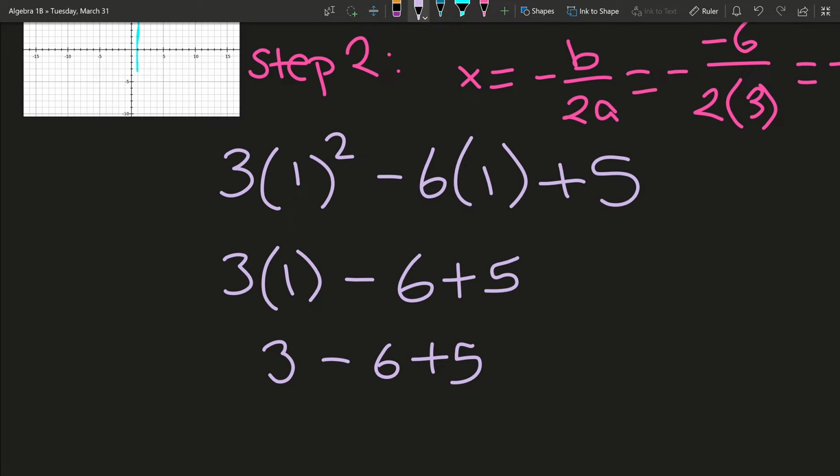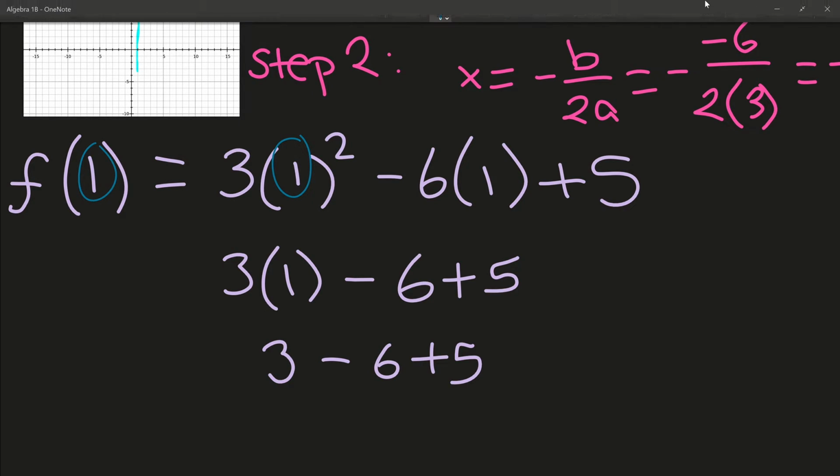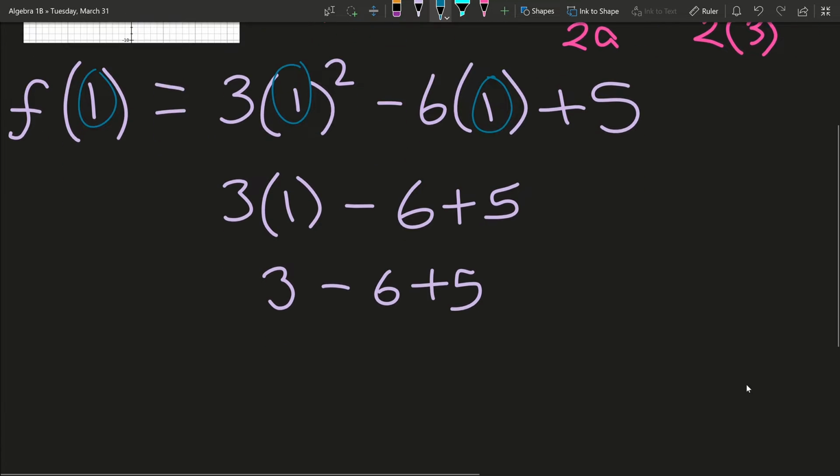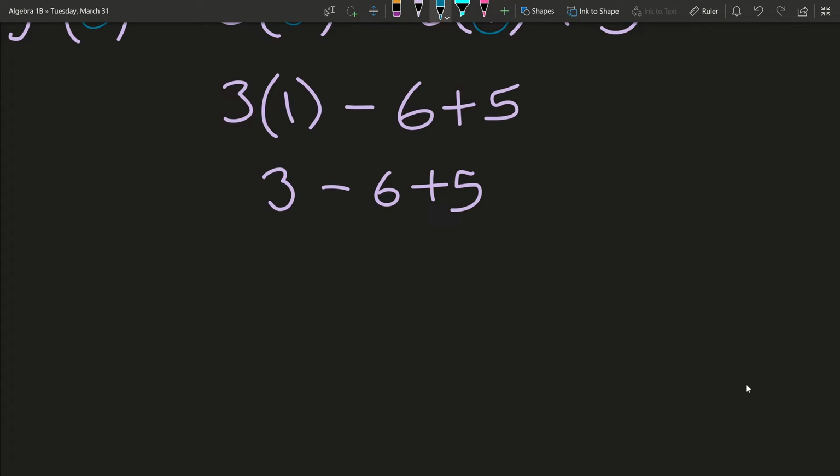I should have written f of x here. f of 1 in this case, since we're plugging in 1, right? We're plugging in 1, so it's going to be f of 1. Okay, let's go back to this again. 3 minus 6 is negative 3. Plus 5, and that will give us positive 2.